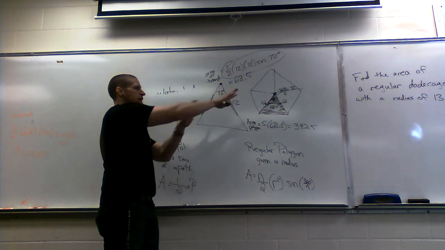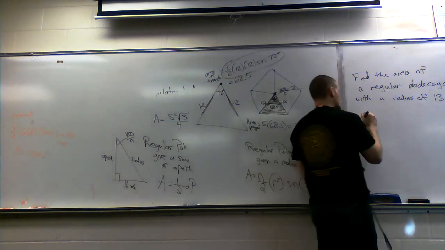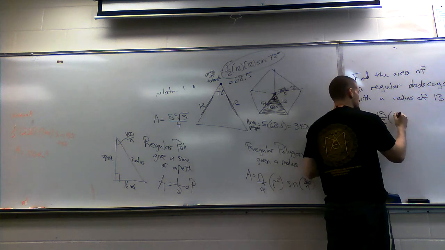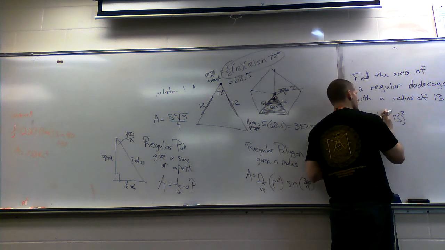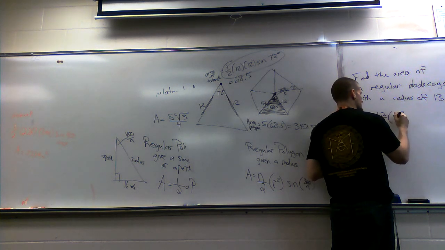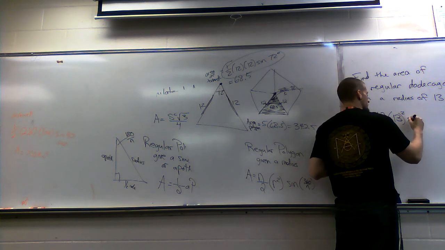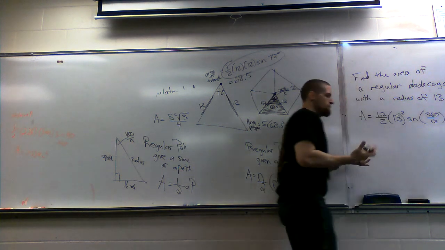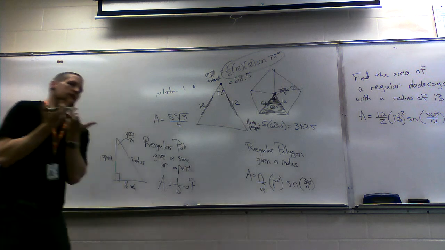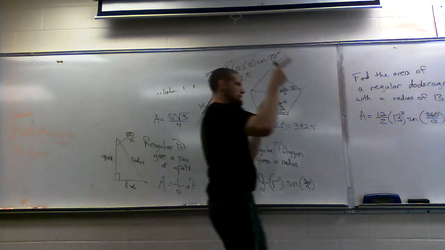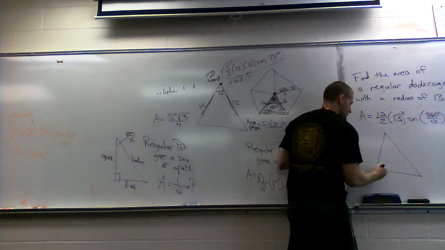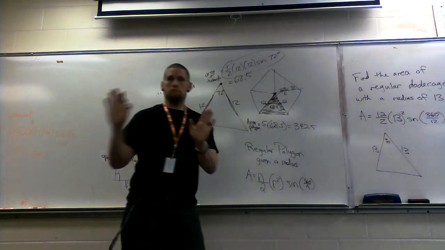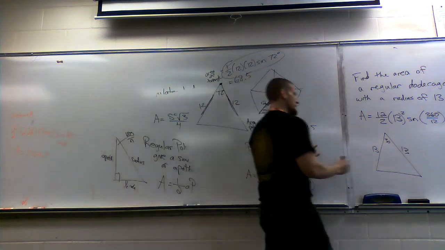So if I went in there and set it up using that formula, it would look like 12 over 2, sorry, I just saw 13. Yeah, it's 13 squared times the sine of that. But like I said, it's usually easier to remember I'm working with the triangle that looks like that, and then I do 1/2.